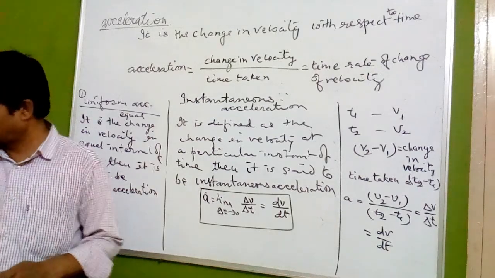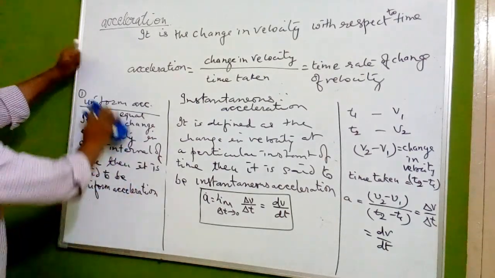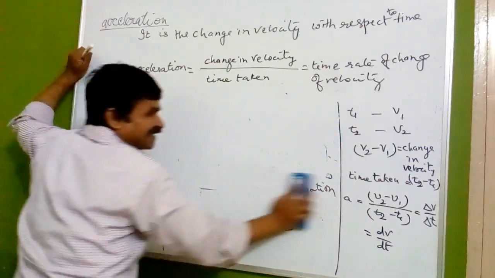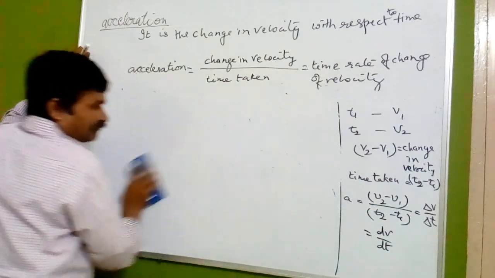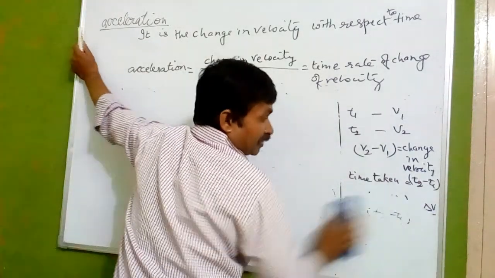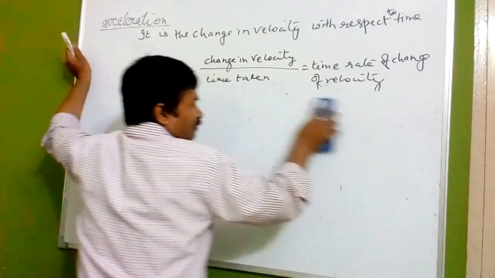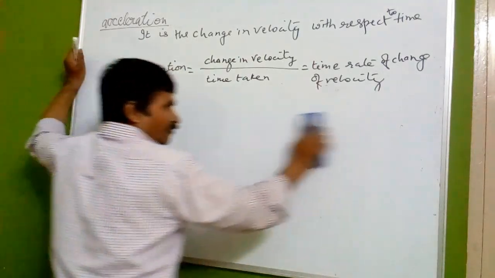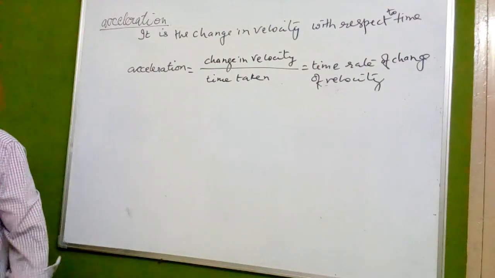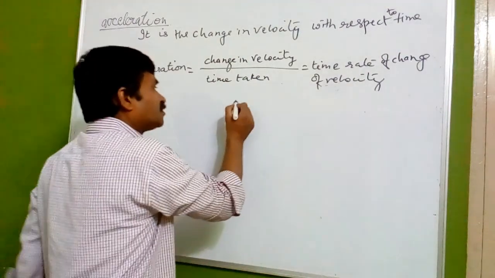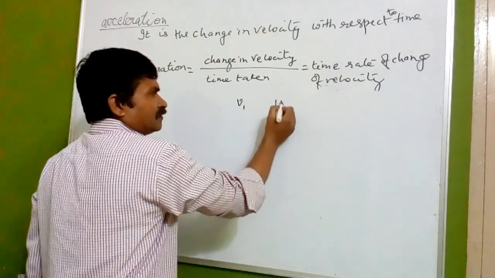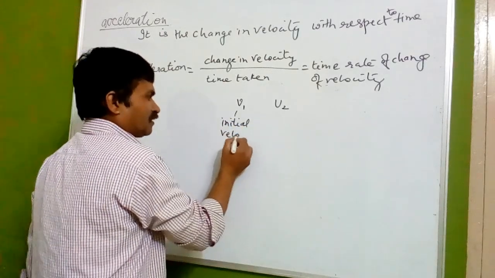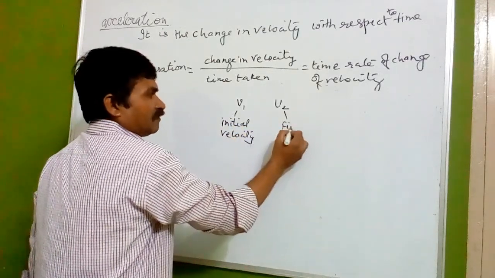Now here we have got these types, but what happens? Sometimes velocity is increasing. You are increasing the velocity to reach at the earliest, or sometimes you are decreasing the velocity to stop your vehicle, or whatever it may be. So here suppose we are having v1, the initial velocity, and v2, the final velocity.